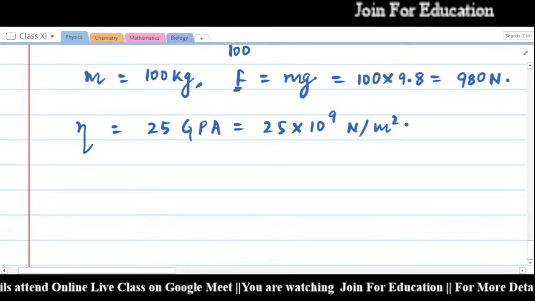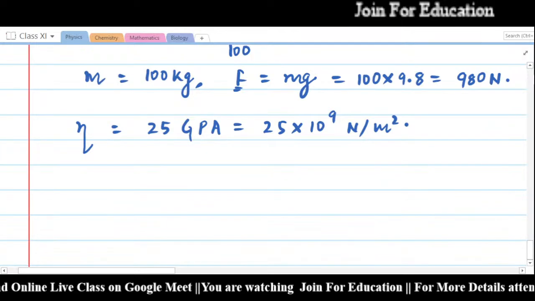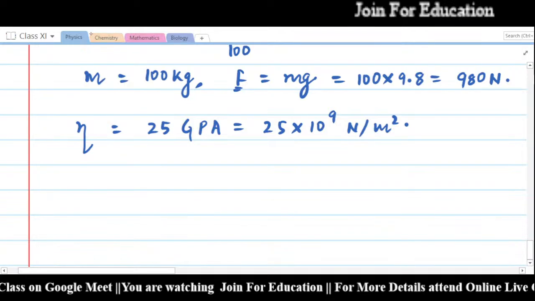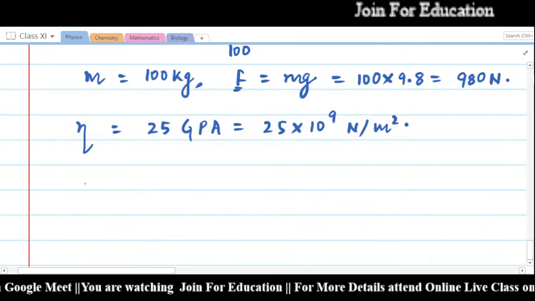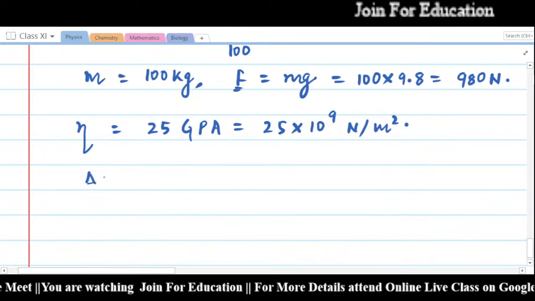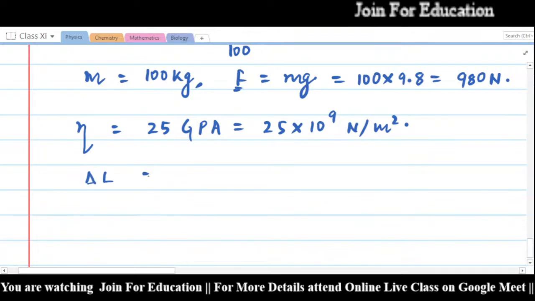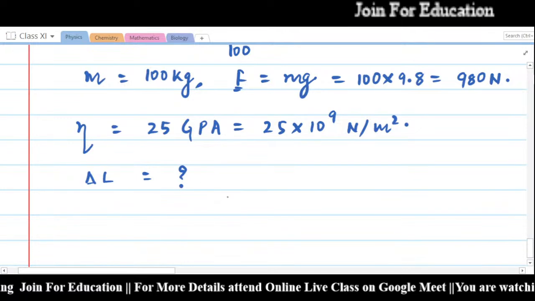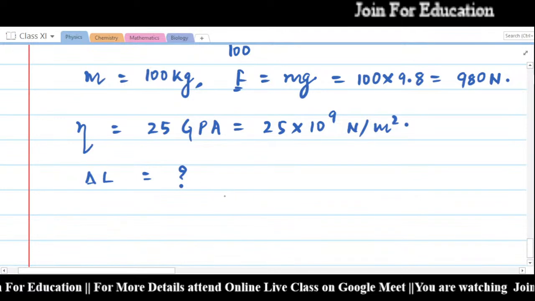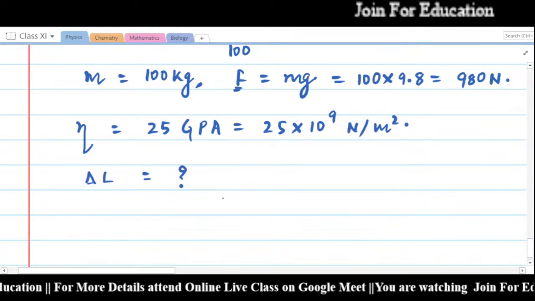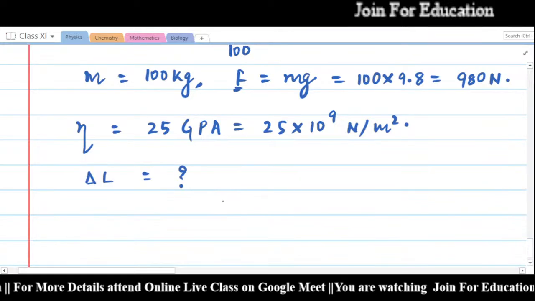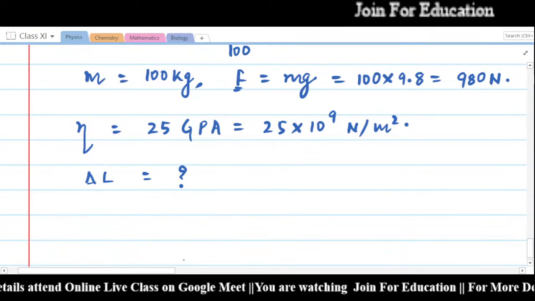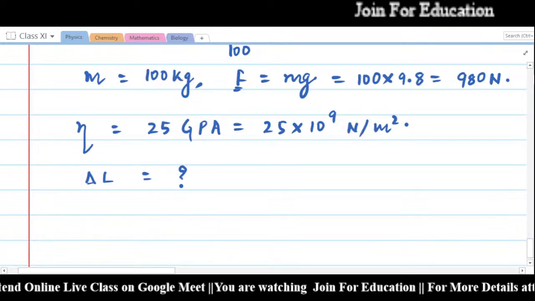The last sentence of this question says: what is the vertical deflection of this face? So vertical deflection means it asks us what is the deformation, and what is the value of del L. For this we take the help of a general figure. So we take the help of the figure from the textbook.